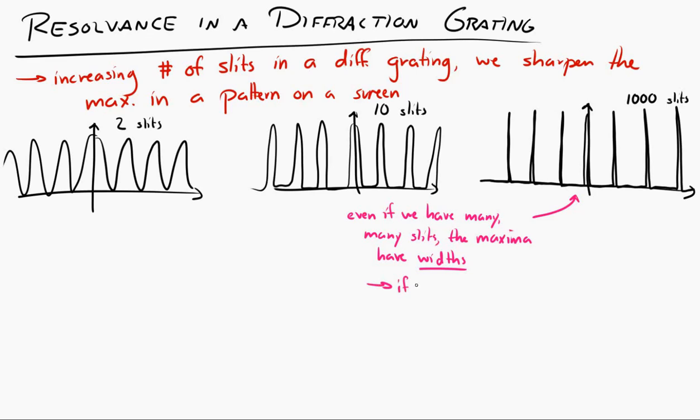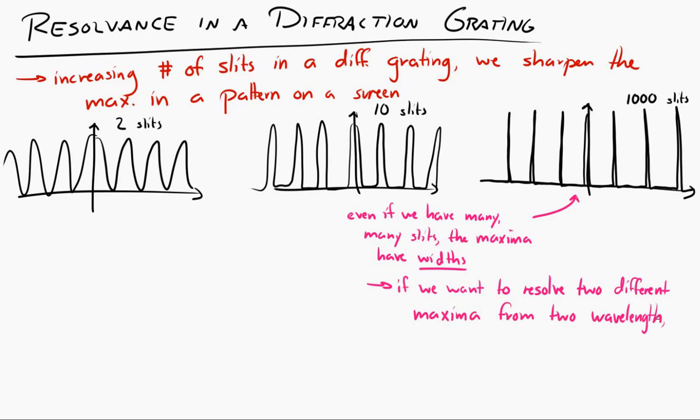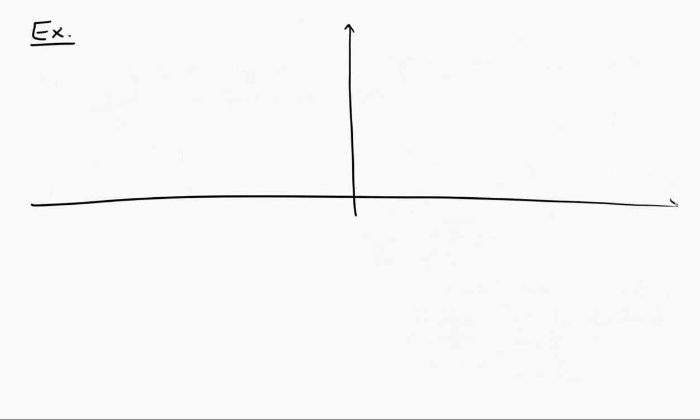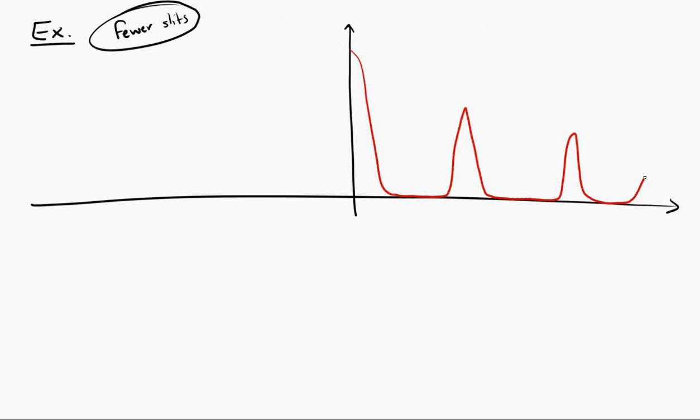However, even if you send light through many, many slits, there's a width to these maxima. They're not infinitesimally sharp. That means that if we're trying to resolve two different wavelengths in a pattern on the screen, then if they're too close together, we might not be able to resolve them. I'll try to draw this. Let's say we have fewer slits that are illuminated, and we have this kind of pattern. We have green light and red light passing through the slits.